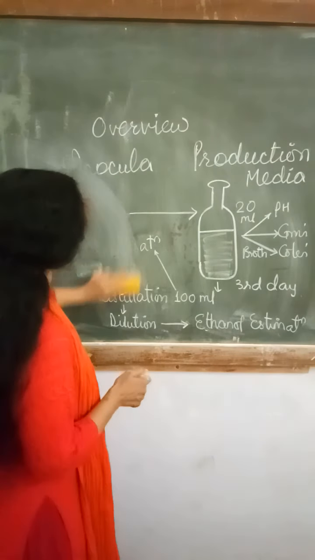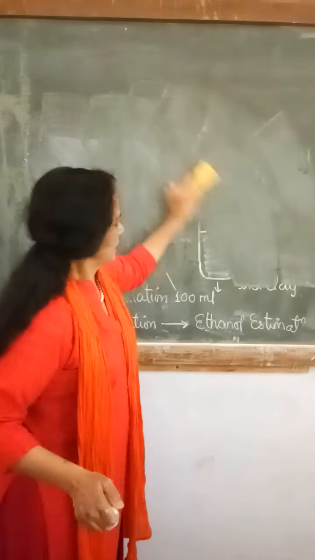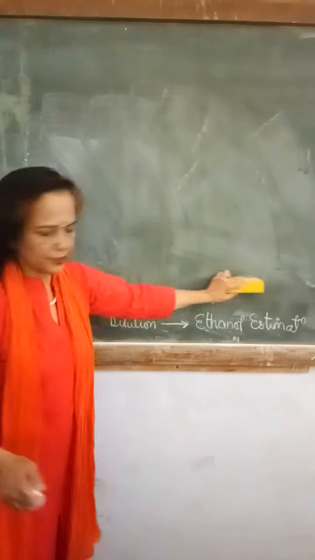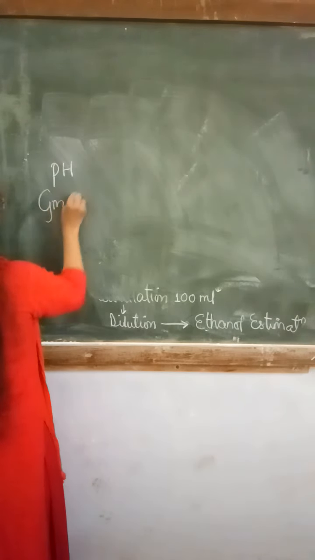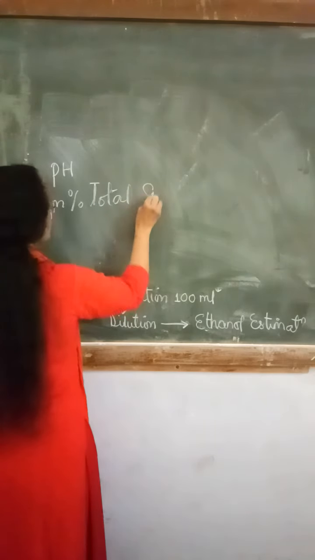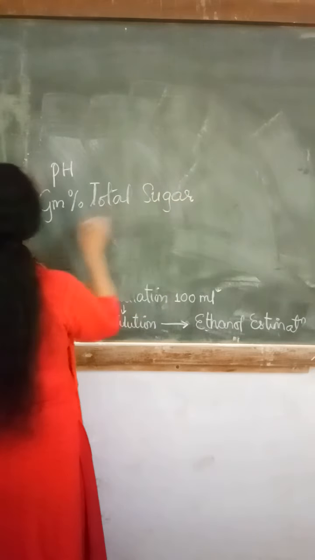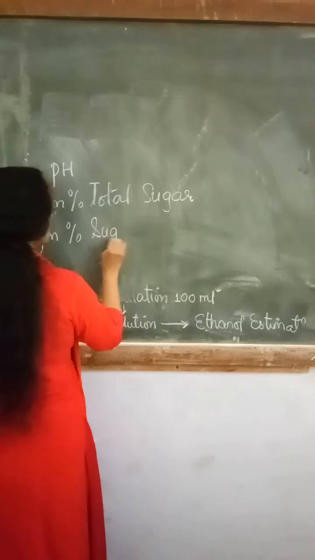So after this, we are going to draw the final graph of production of ethanol, and that will be with 3 different parameters: pH, gram percent total sugar, and gram percent sugar consumed.